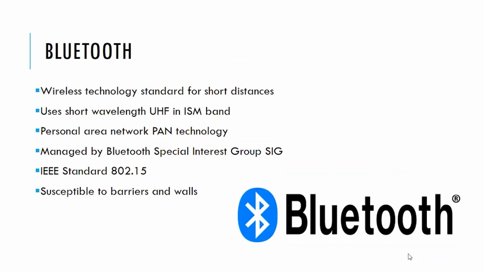The Bluetooth is a very common way to connect some mobile devices that are not so remote in distance. It's a standard for short distances that can reach 10 meters or something like this. It uses short wavelengths that lie in the ISM band, Industrial Scientific Medical Band, which means that using Bluetooth needs no license.